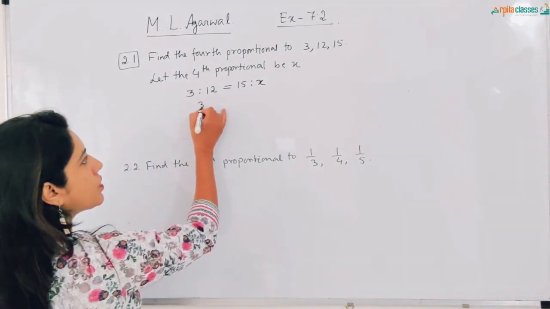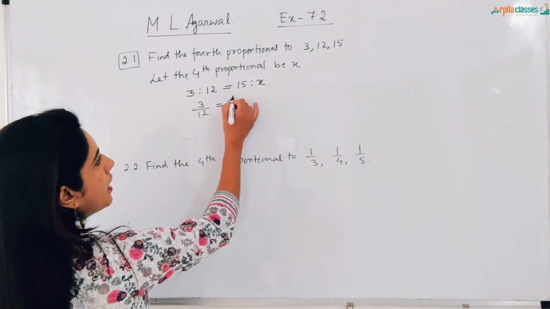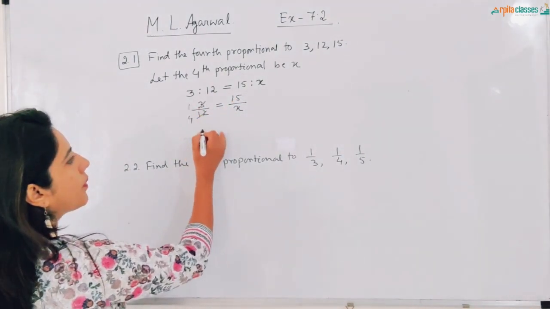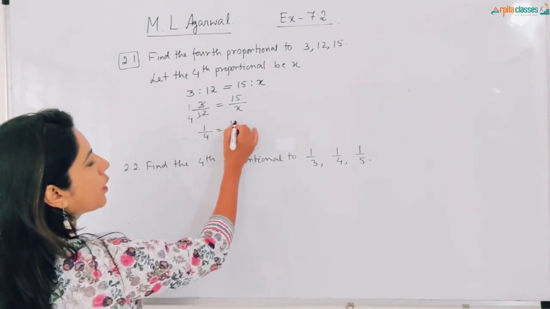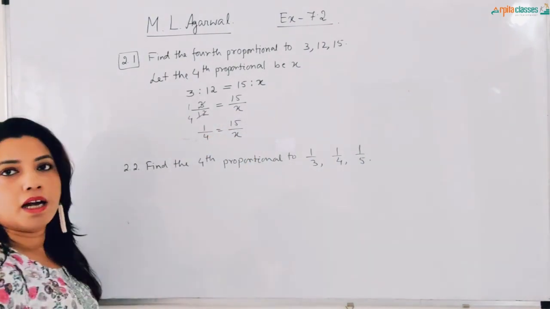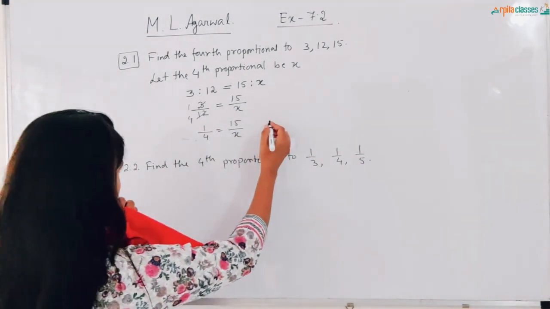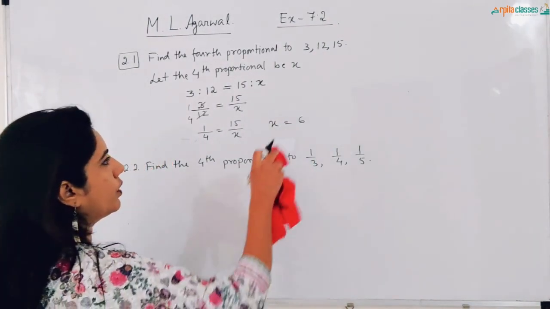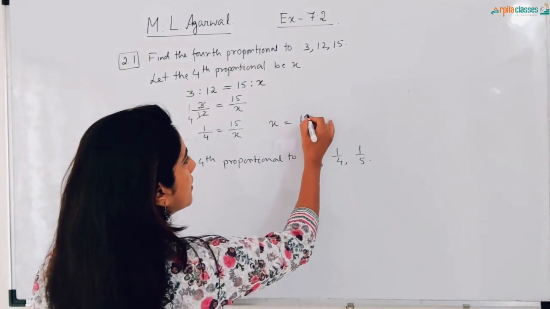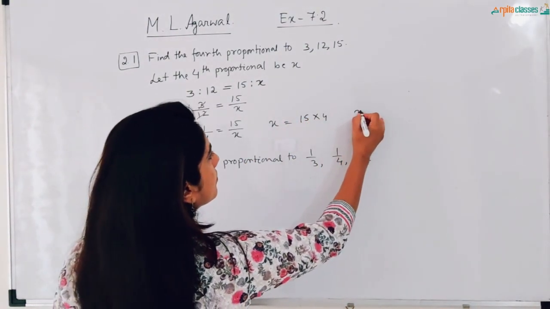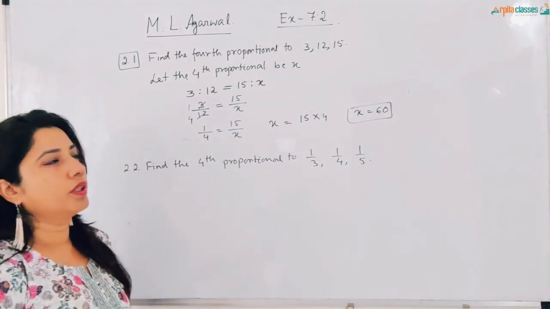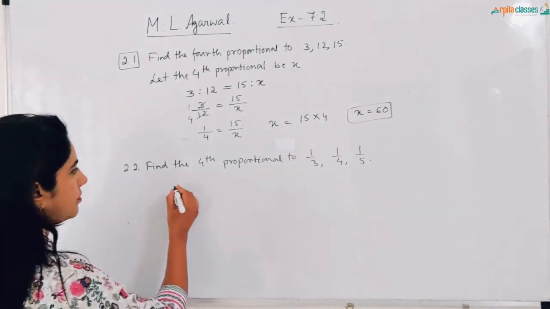Now solve it. 3 is to 12 is 3 upon 12, 15 upon x. Reduce it into the lowest term. We are getting 1 by 4 is equal to 15 upon x. After that, cross multiply. So we get x is equal to 15 into 4. That's 60.